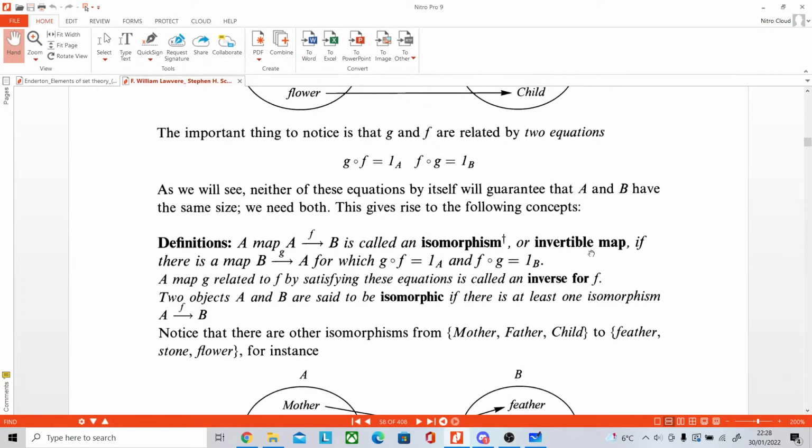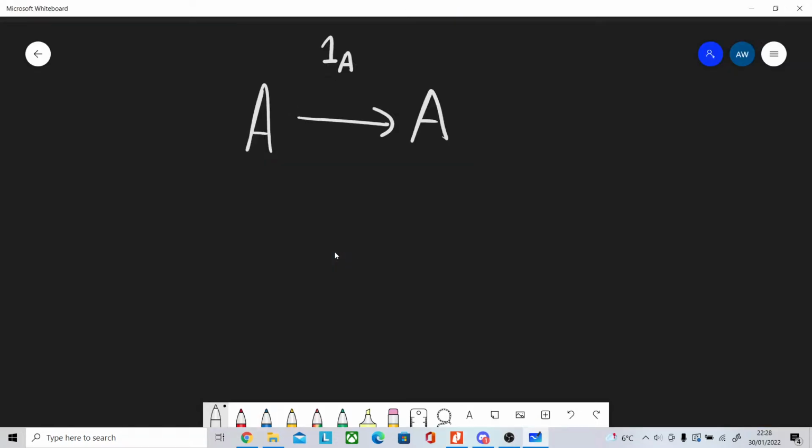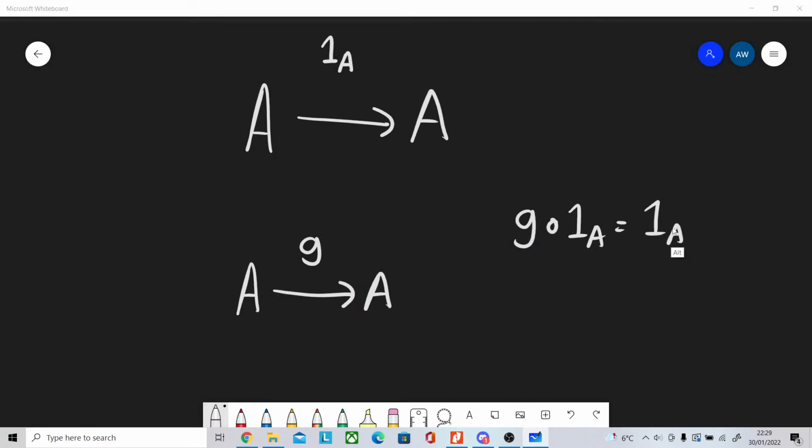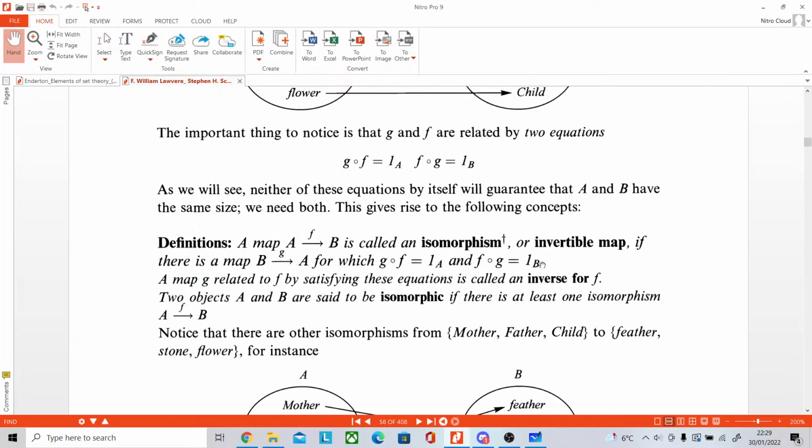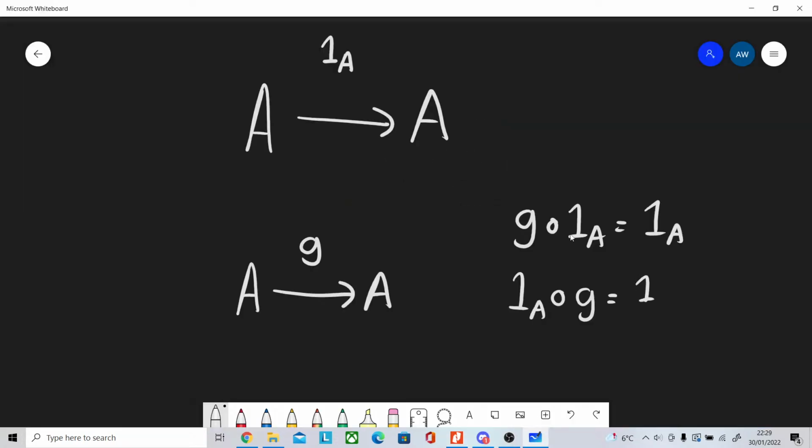So to show that this is an isomorphism, since A and B are the same, we need to show there is a map G and G composed with 1A is equal to 1A and the other way around. So 1A composed with G is equal to 1B, but A and B are the same, so it's just 1A again. Right, so we need to show that there is a map for which this is true.